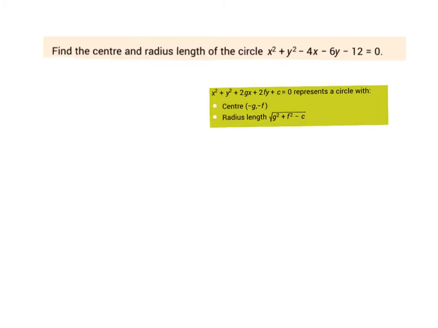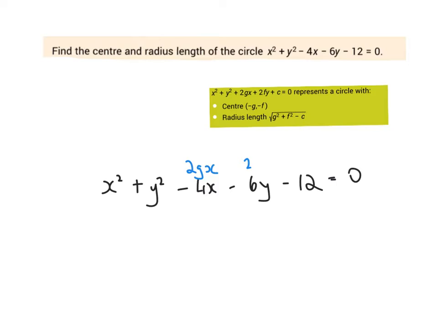Okay, so here in this question, we're asked to find the centre and the radius length of the circle x squared plus y squared minus 4x minus 6y minus 12 equal to 0. So very quickly we can see, well, this is going to be 2gx here, and this is 2fy, and this is c.